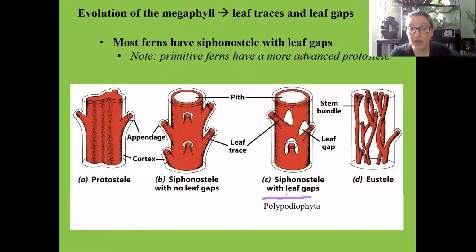The reason why they have leaf gaps as opposed to no leaf gaps is because ferns have megaphylls, and the others that we have looked at had microphylls. So yeah, we'll see what this means on the next slide.